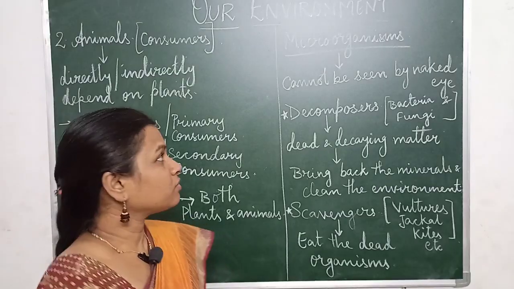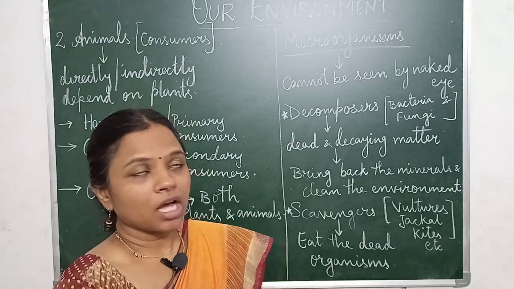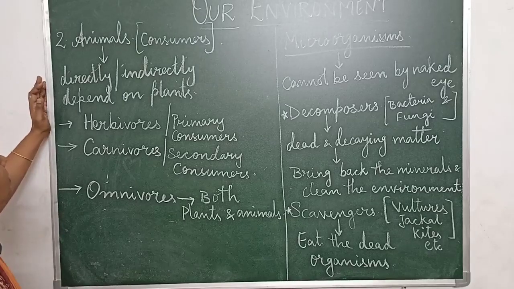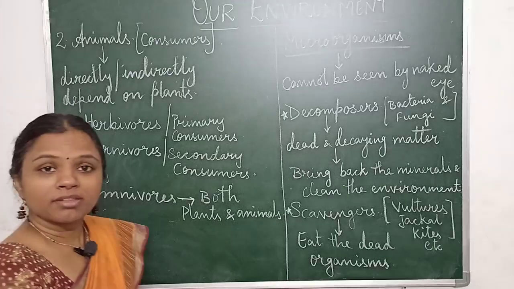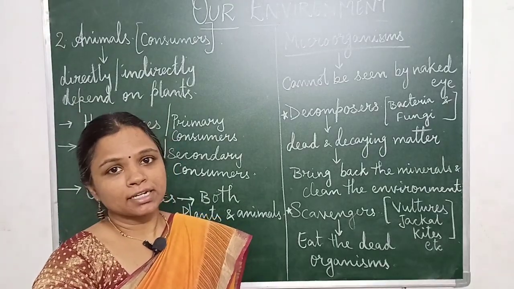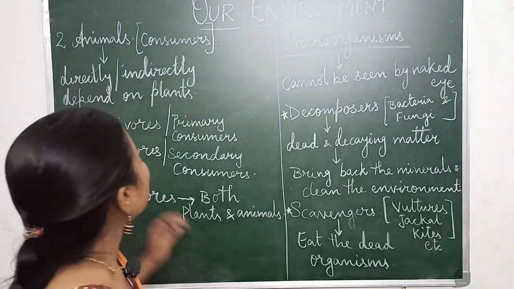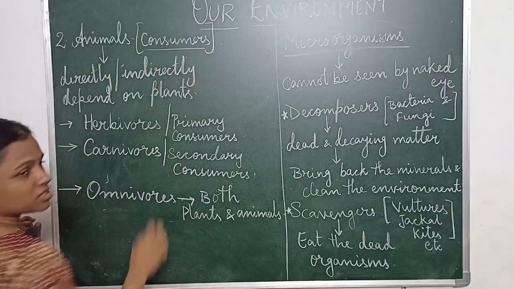Now that we have learnt about how plants prepare their own food, now we will learn about one more biotic component, that is nothing but animals. These animals cannot prepare their own food, but they directly or indirectly depend on the green plants for food. So that is the reason why the animals are called consumers.